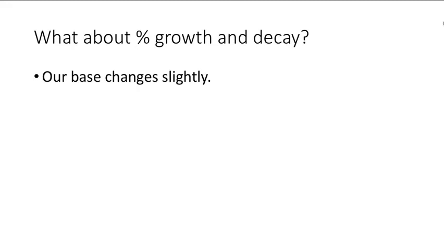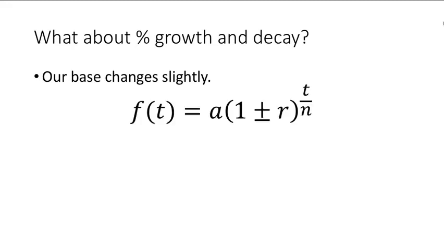So the base changes slightly. Everything else stays exactly the same. Instead of having a base of b, we're now thinking of our base as 1 plus or minus r. That's the only thing that changes.